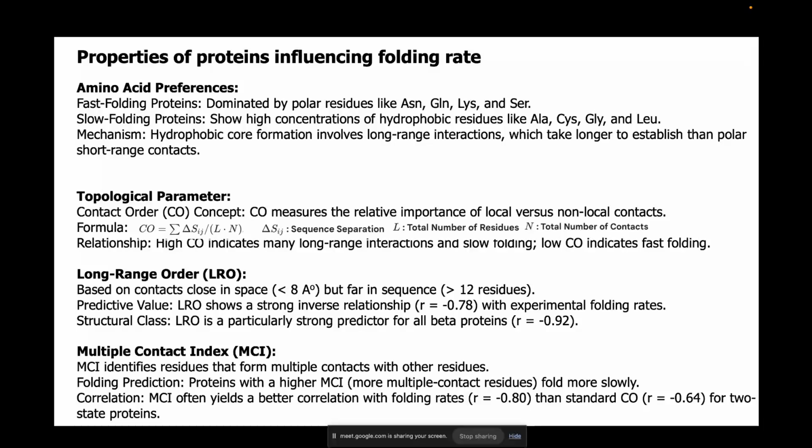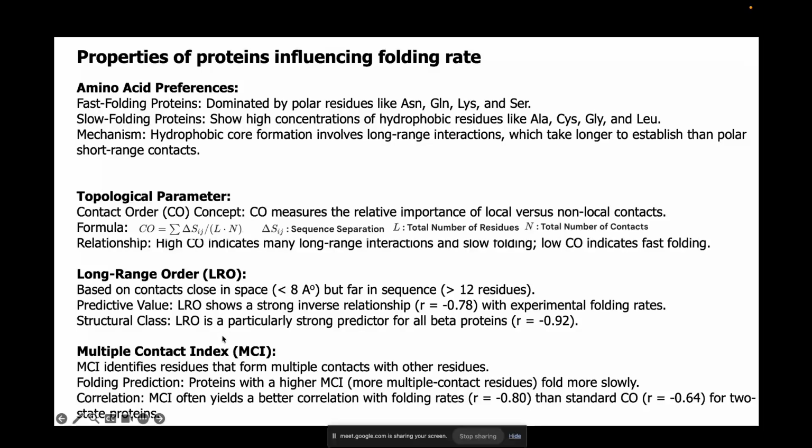Two residues can be separated by a large length of residues between them, but they can come into contact with each other because of the folding of the protein, and so these are known as long range order or long range contacts, right?